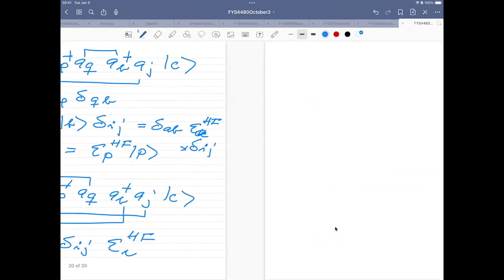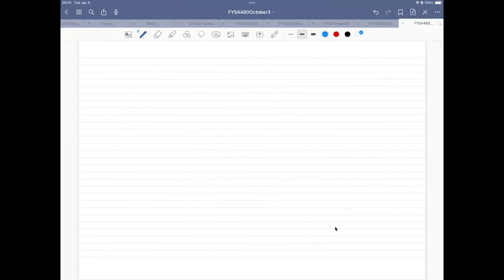So if we look at that one, what we are going to get is a sum over PQRS. There's a factor 1/4. There is an integral, and we're assuming this is anti-symmetrized.